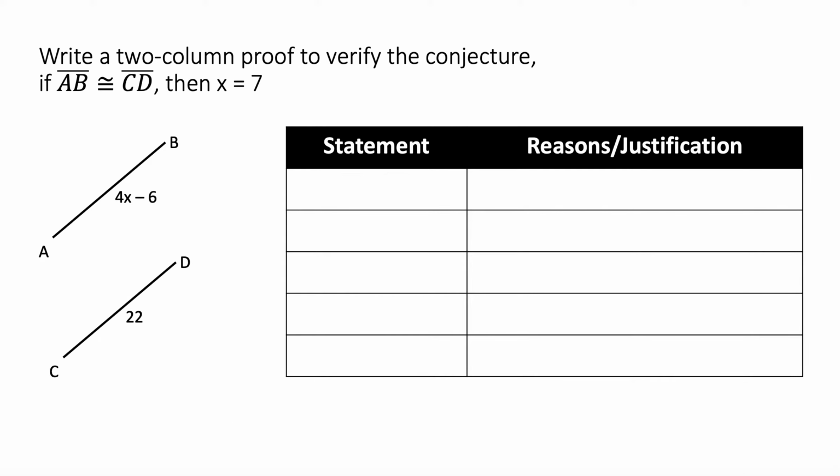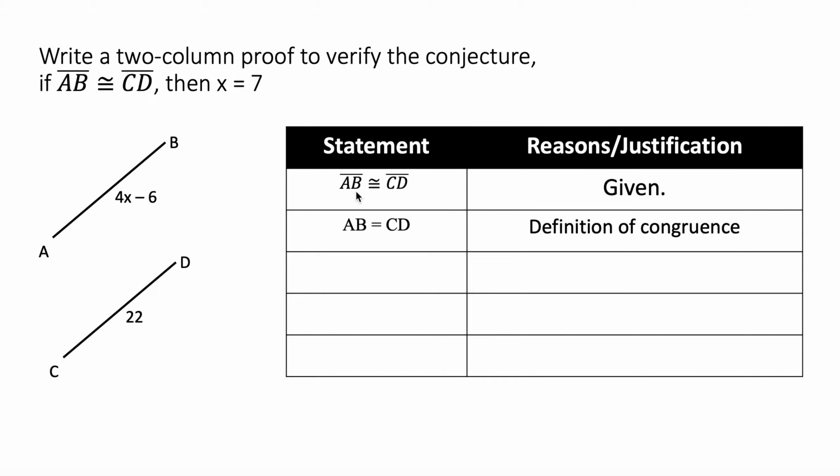Let's do something geometrical now. So here we want to show that if AB is congruent to CD, then x equals 7. So we're going to start with what we're given, and we're going to end with x equals 7. So we start with AB is congruent to CD. And we're going to define what that means. That means the length of AB is the length of CD.